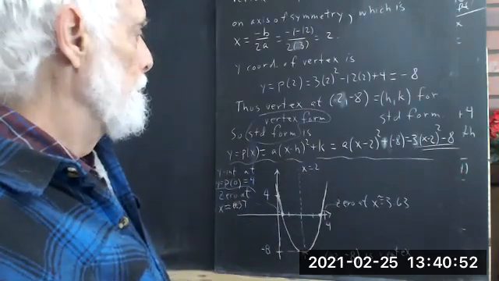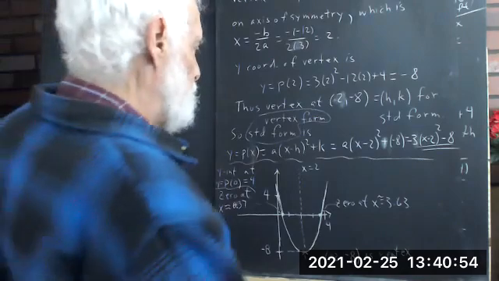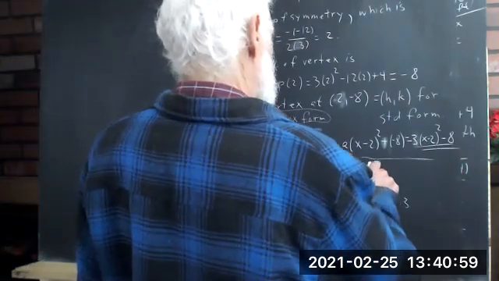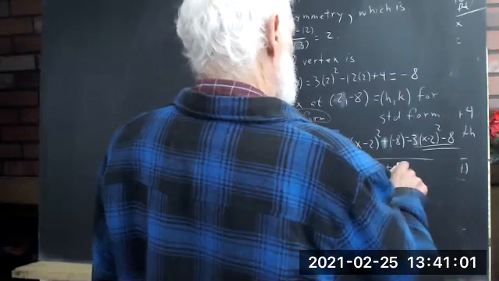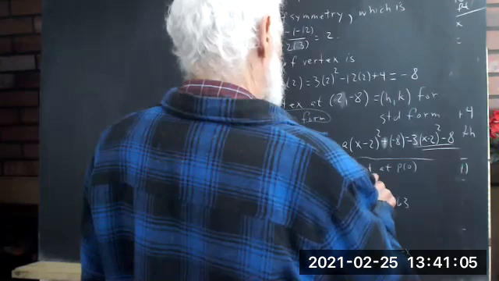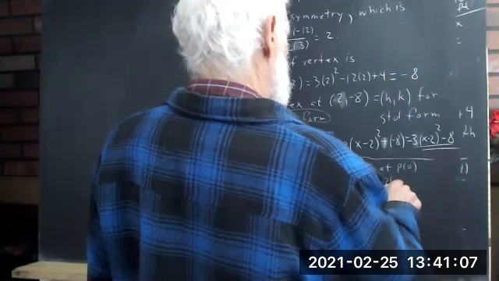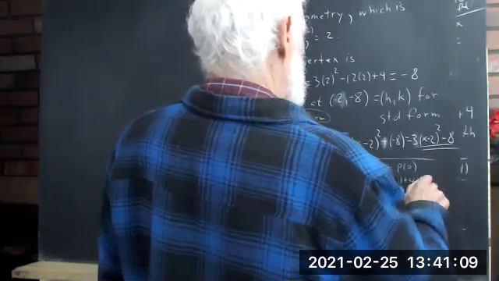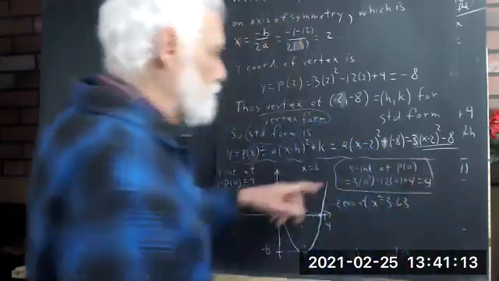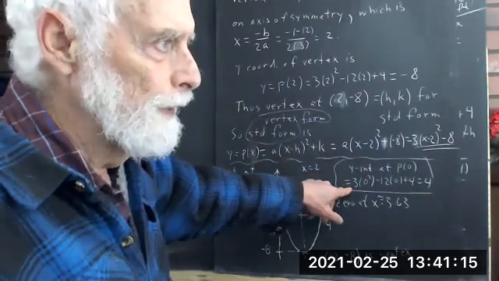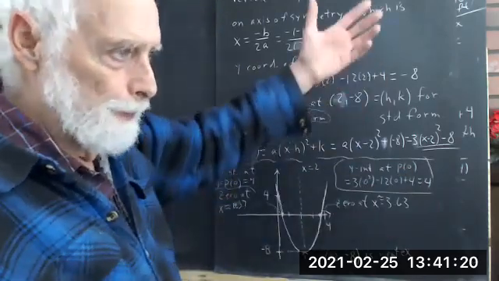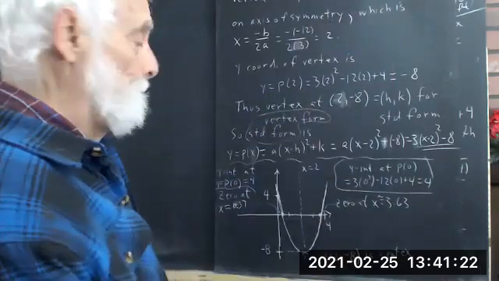Okay. Now just a little note over here. Just writing out the details of plugging in 0 into our ax squared plus bx plus c form.